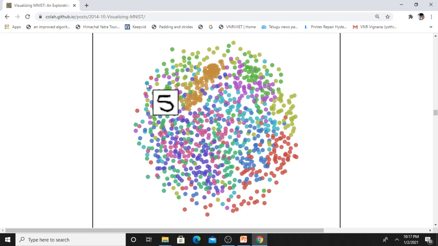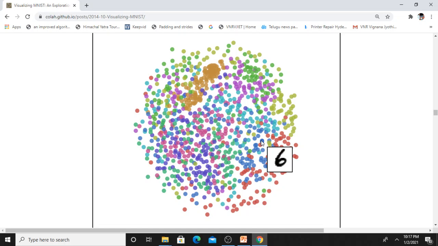I'm taking data which is extremely high dimensional, and I'm converting it into a very low dimensional space. Now when I visualize this data and color these points based on their labels, it looks very logical. All my zeros are somewhere here.